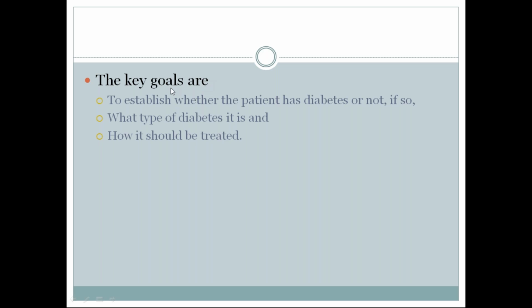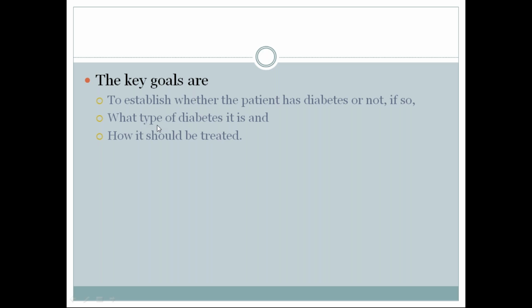Next, coming to the key goals. Once the patient is diagnosed as diabetic on routine examination, the first thing is to establish whether it is diabetes or not. If diabetic, then what is the type of diabetes, type 1 or type 2.